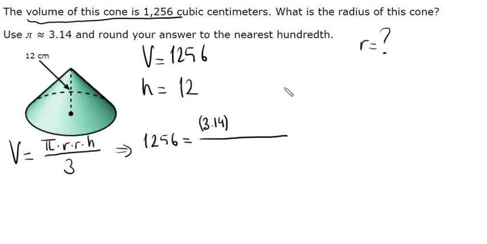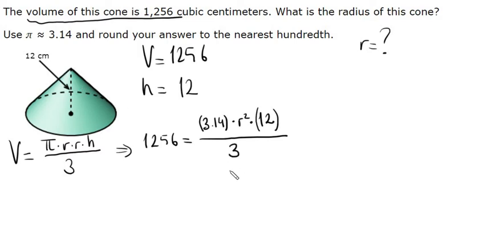The radius is the question, we don't know what that is. So instead of r times r, I'm going to write r squared times height. What is height? 12. Okay, and then divided by 3.